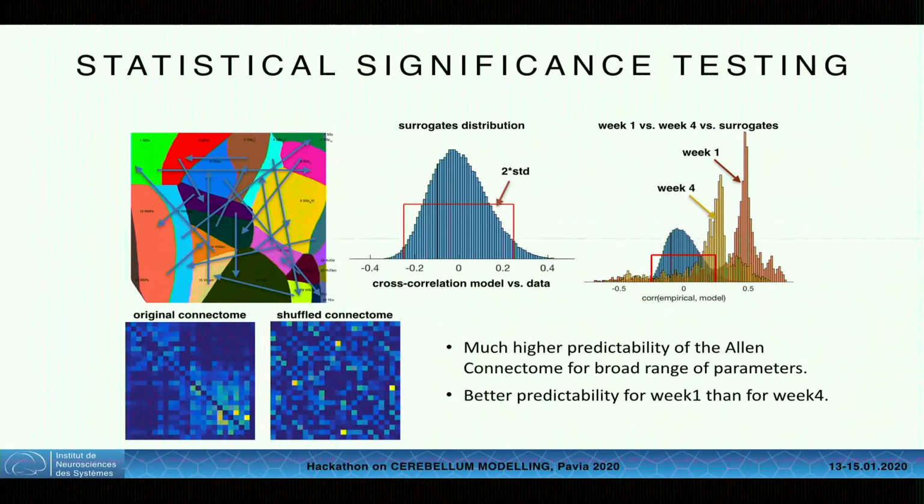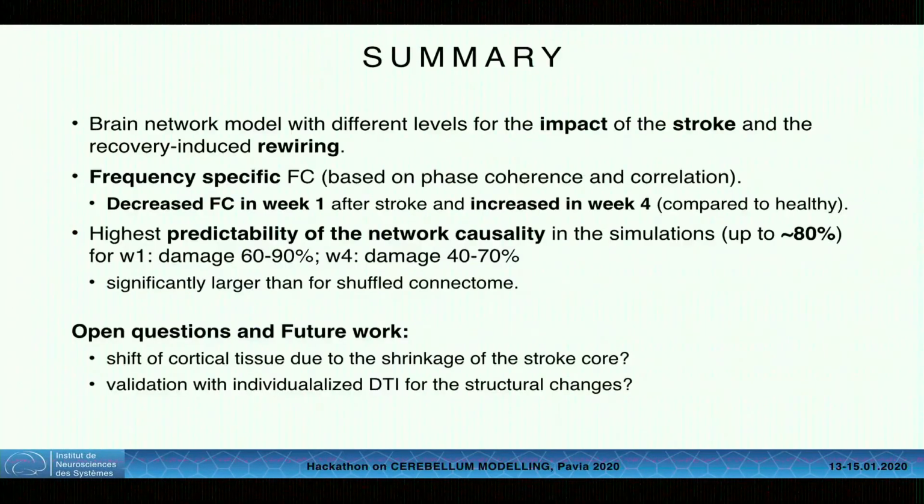And then by testing different scenarios, we can try to predict which one indeed happened with the particular stroke, which connectivities were the most affected, and then with the recovery, where it happened that we got the most new connections or rewirings.